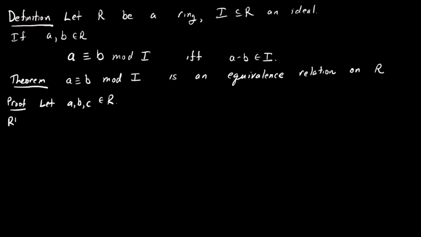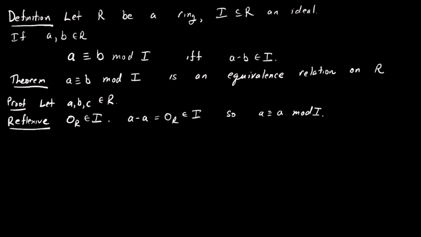Okay, so let's start with the reflexive property. Well, I know that I is a subring, so 0 is an element of I. In that case, I know that a minus a, which is equal to 0, is an element of I. So I know that a is equivalent to a mod I. Okay, so I get the reflexive property.